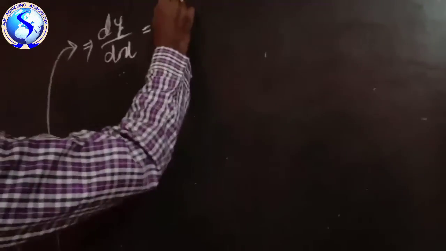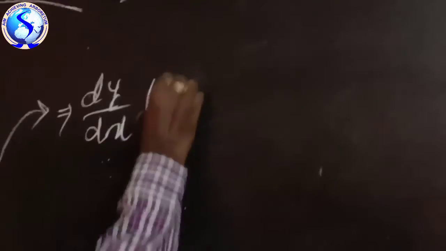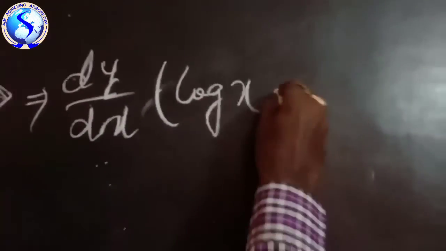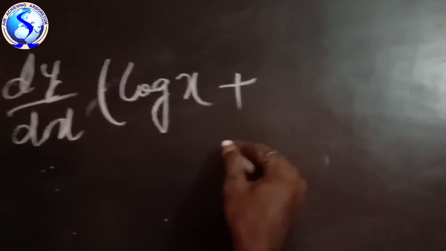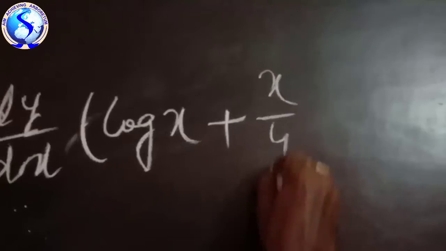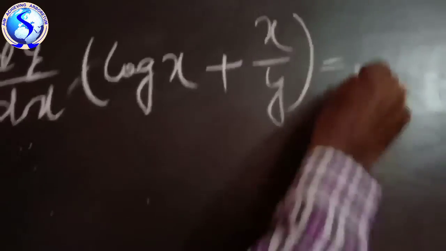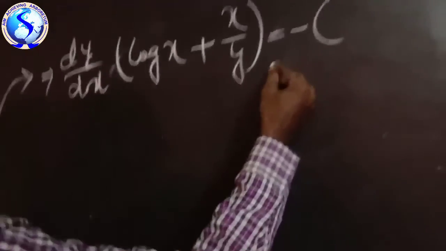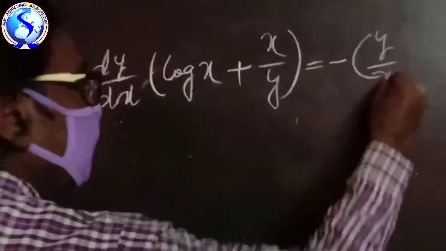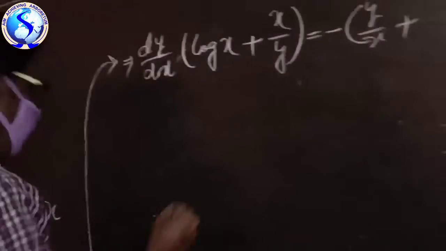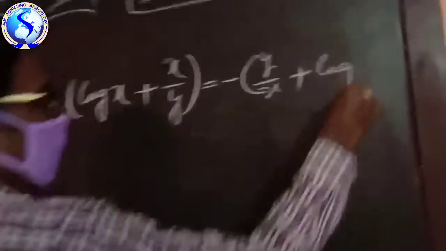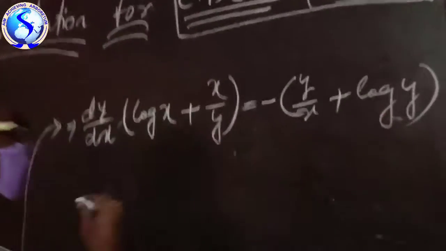The result will be log x plus x by y is equal to minus, because both will be minus there, y by x plus log y. I have taken minus common from both.